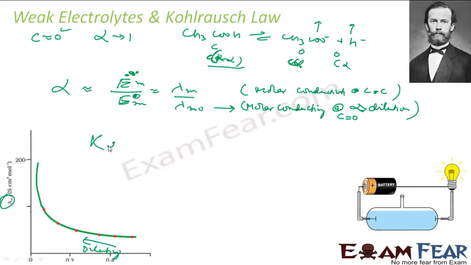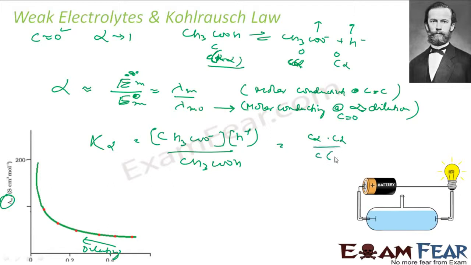If you want to find K, the equilibrium constant, it is the equilibrium concentration of CH3COO minus times the concentration of H plus, divided by the concentration of CH3COOH. This becomes C alpha, C alpha, over C into 1 minus alpha. Cancel, and it becomes C alpha square by 1 minus alpha. Just put the value of alpha, which is lambda m by lambda m naught: C into lambda m by lambda m naught, by 1 minus lambda m by lambda m naught.